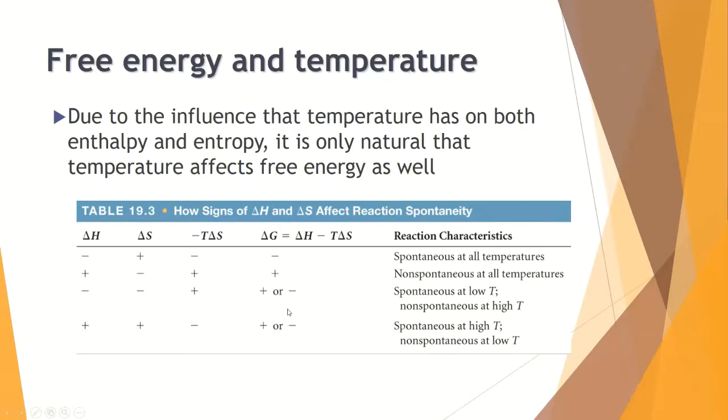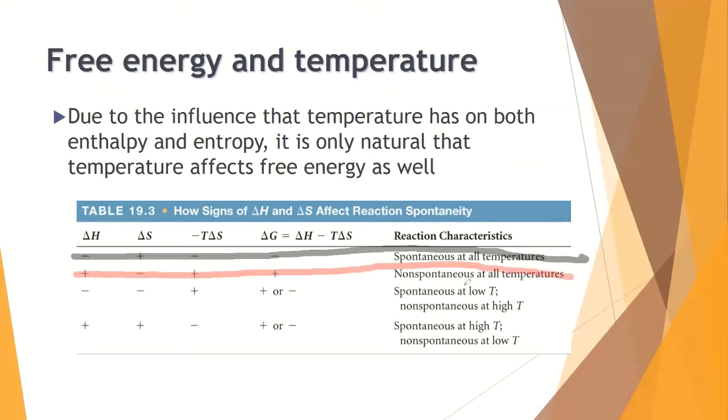Temperature does play a significant role into this, because what we can see is that there are certain scenarios where we are going to have always spontaneous conditions. There are scenarios where we are going to have never spontaneous conditions.